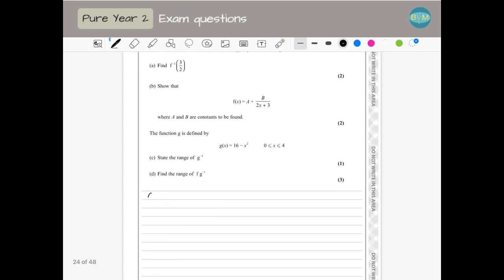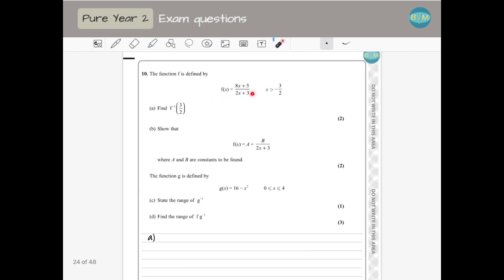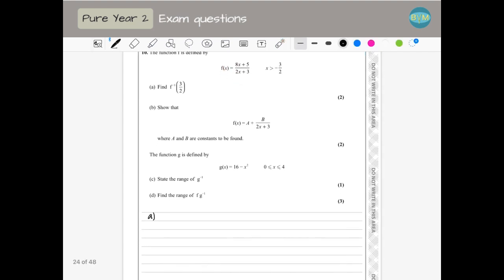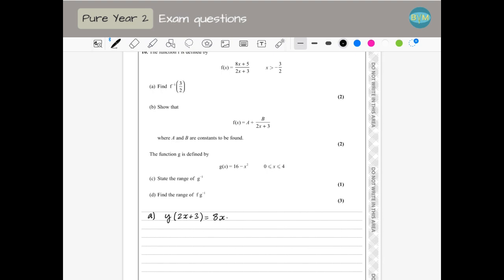And remember, to find f minus 1, what we are going to do is to use this function and make x the subject. So I'm going to call this y, just to make things easier. And I have y, I'm multiplying everything by 2x plus 3. So I have 2xy plus 3y is 8x plus 5, and I want x the subject.